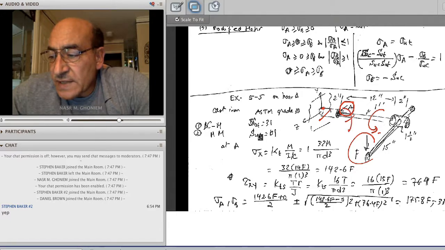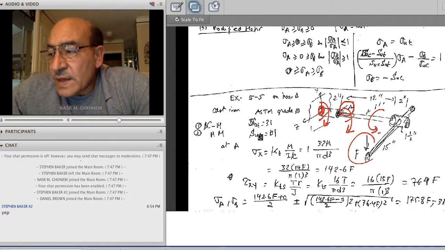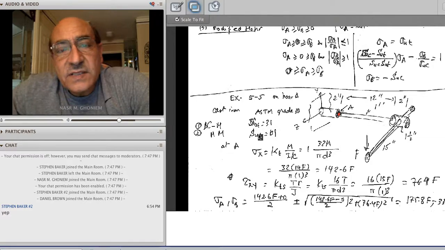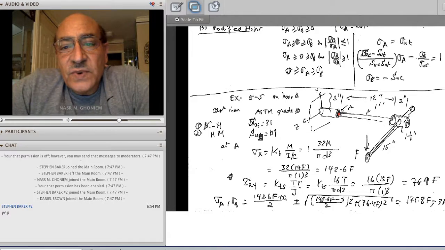The bending moment at A is less than the bending moment at the base of this assembly. However, point A has a stress concentration because the cross section is smaller. So I made a judgment as a designer right away that I'm going to analyze point A because it has the highest probability of failure, because the cross section is smaller and it has high stress concentration, and I ignore any other points.